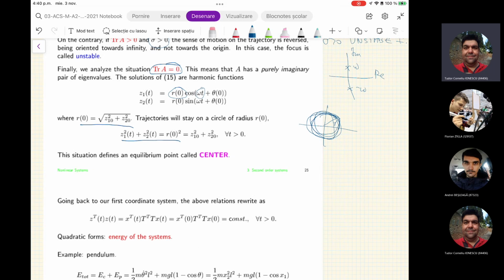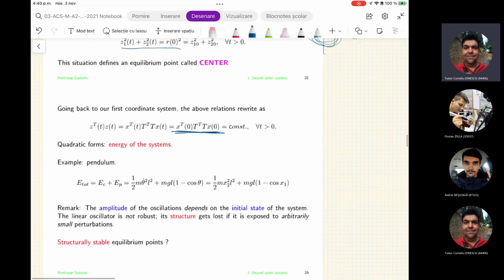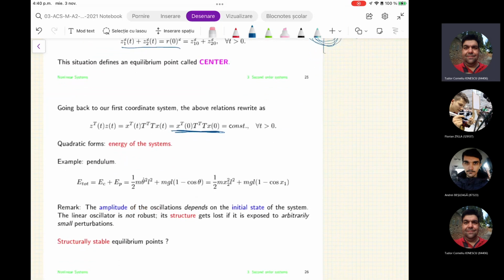So this is the energy. The energy when sigma is 0 is constant. So it makes sense. Constant energy, constant oscillations, center. Okay? Let's look at the pendulum. The pendulum energy is this one.